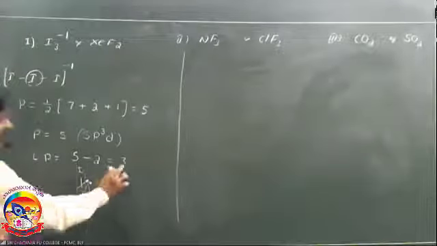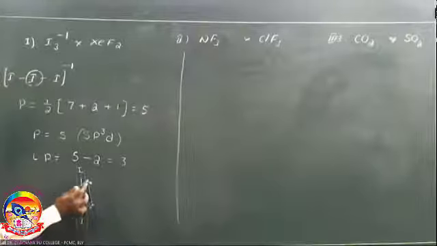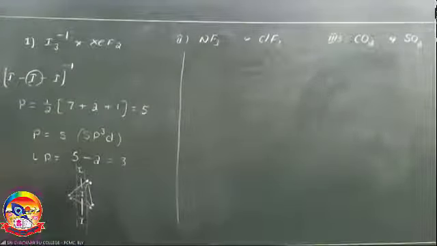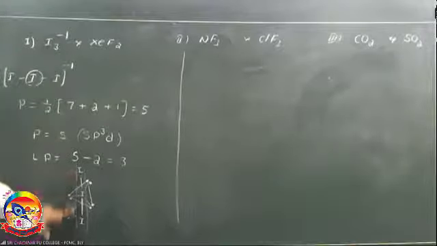So to summarize: number of lone pairs 3, number of bond pairs 2, lone pairs at the equatorial position, bond pairs at the axial position. So what is the geometry of I3 minus? Linear.